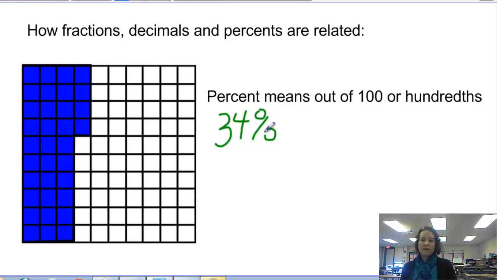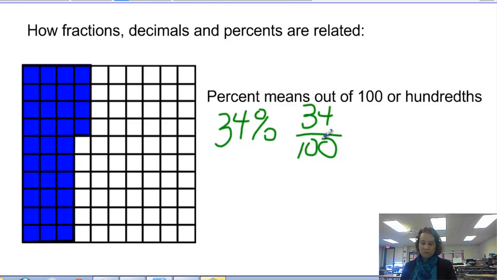But I could also very easily think about that in terms of either a fraction or a decimal, because I know that 34 squares out of 100 are shaded in. So I could write that as 34 out of 100, so 34 hundredths as a fraction or a ratio. You could think of it as a ratio too, because I'm comparing the amount of shaded in squares to the total amount of squares.